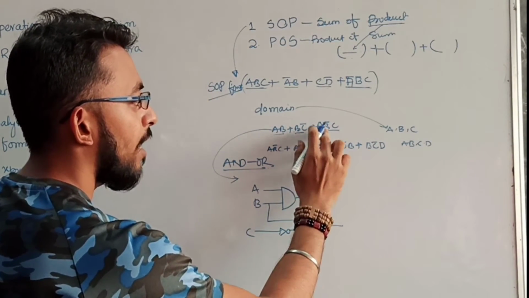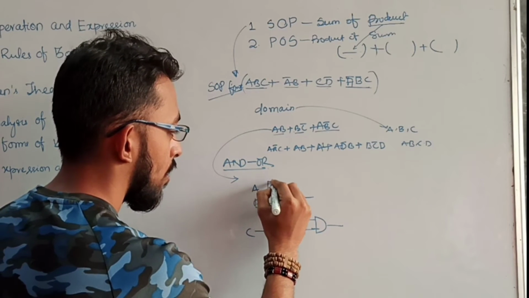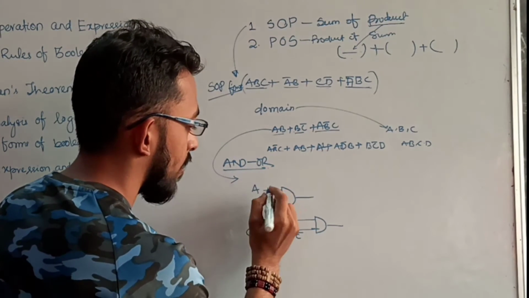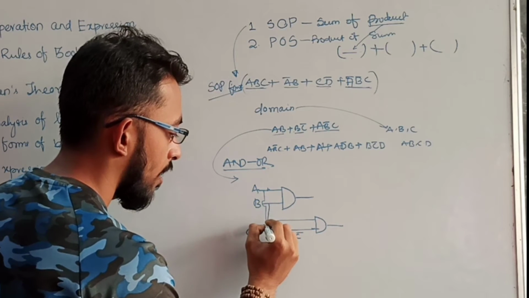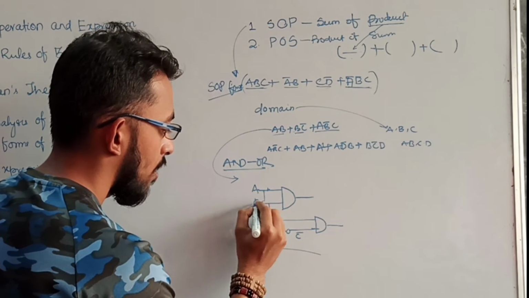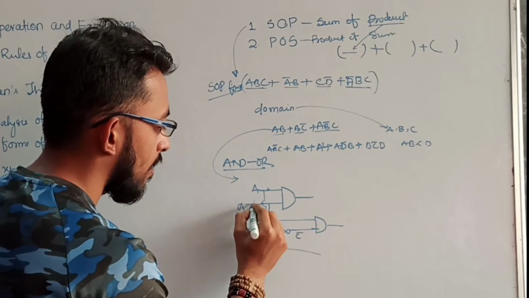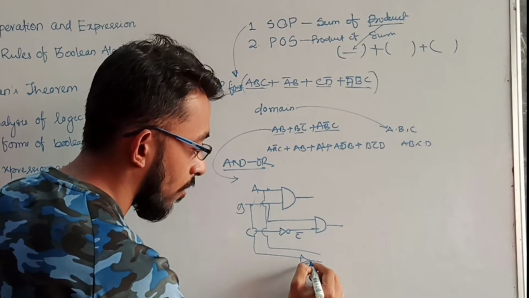Then A B bar C. The third input is nothing but A. Let's take over here A. Then it is nothing but B bar. It means along with B I have to take one NOT operation.